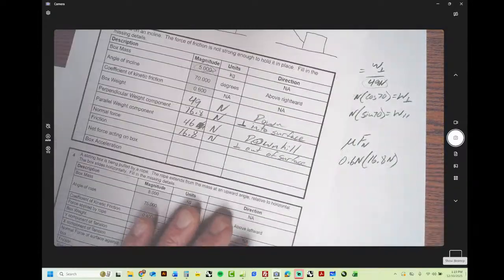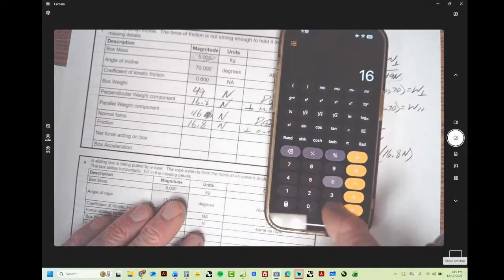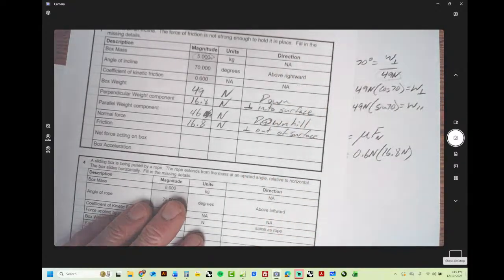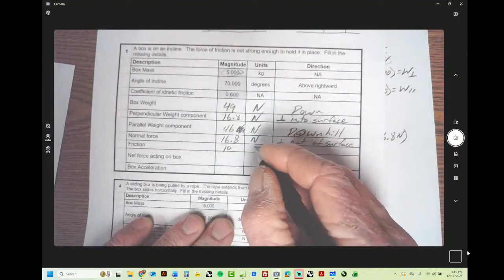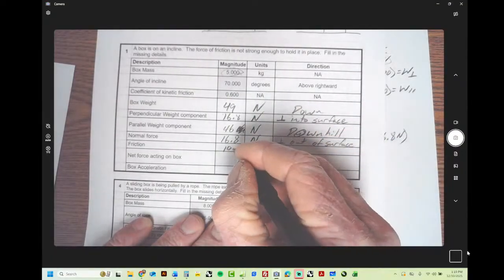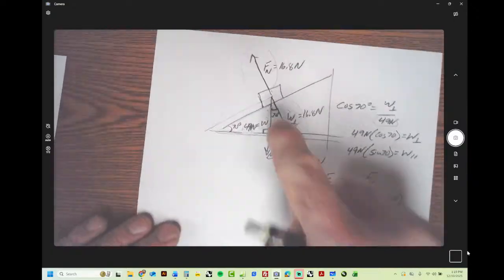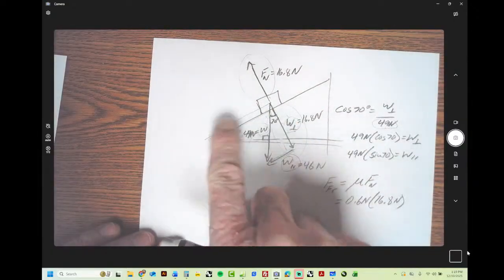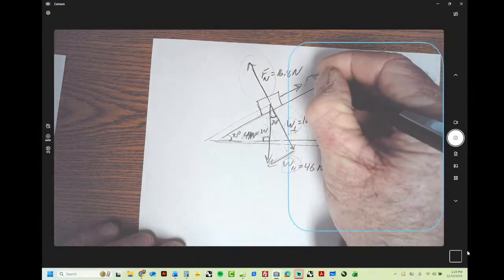And friction must be 10. So 10 newtons, 10.1 newtons. The direction of the friction, since this is sliding downhill, friction resists motion, so friction is going to be this way.